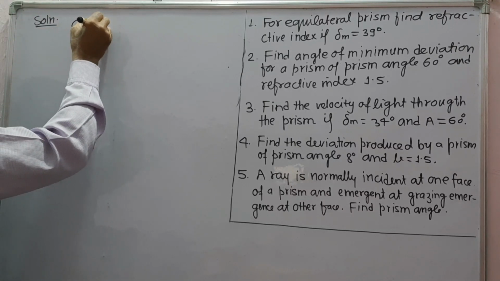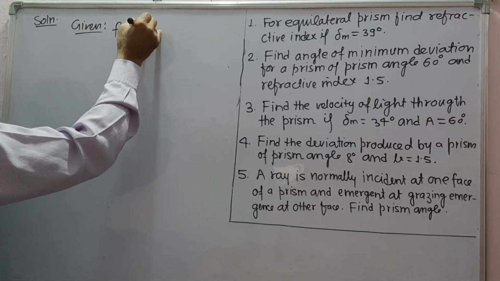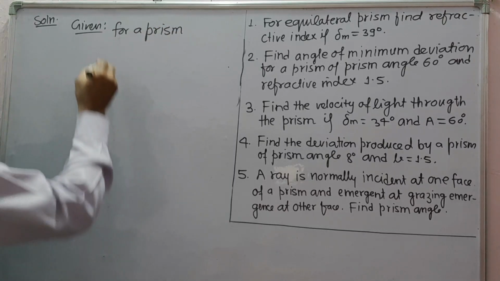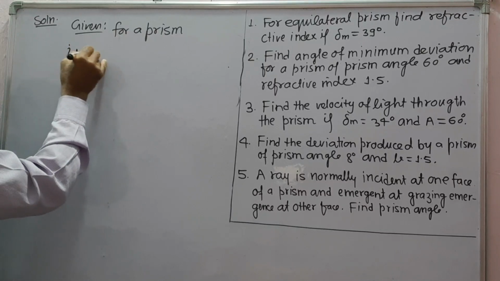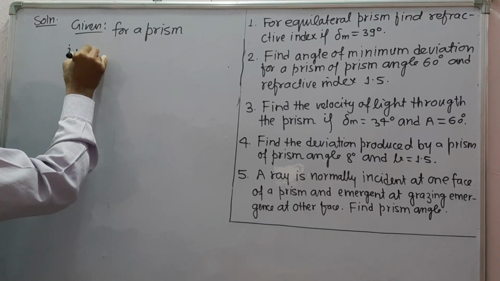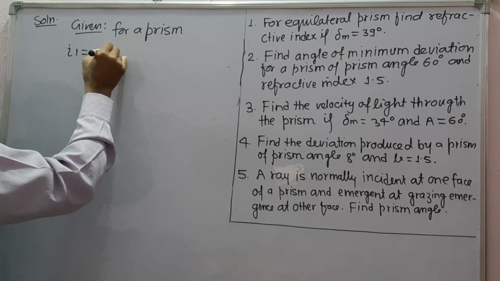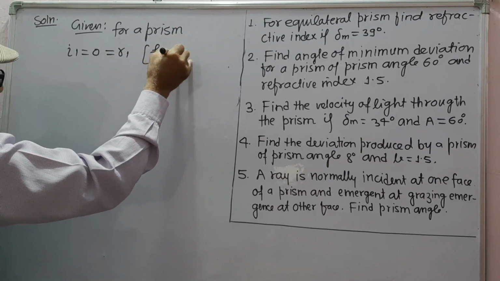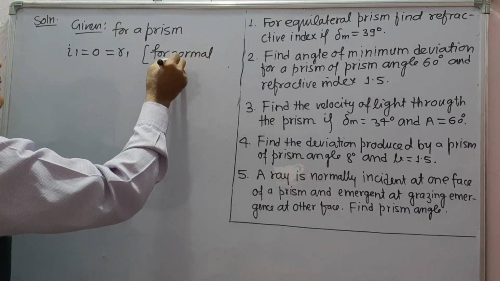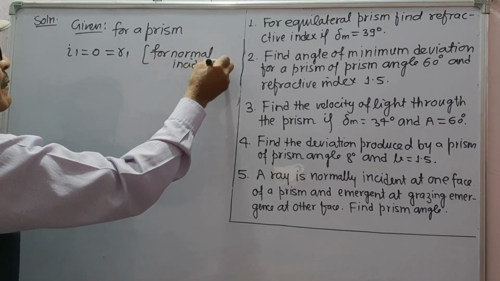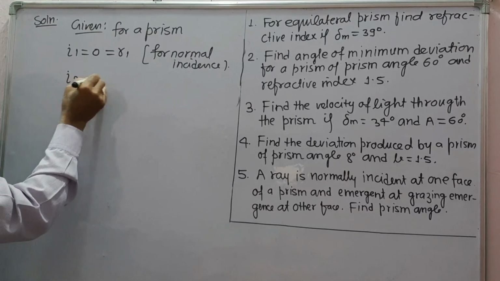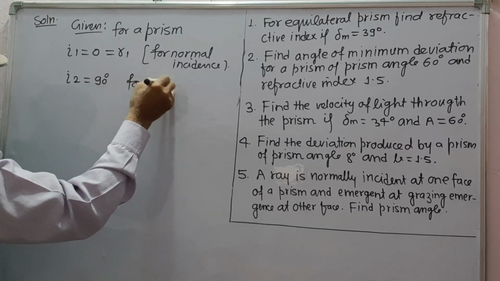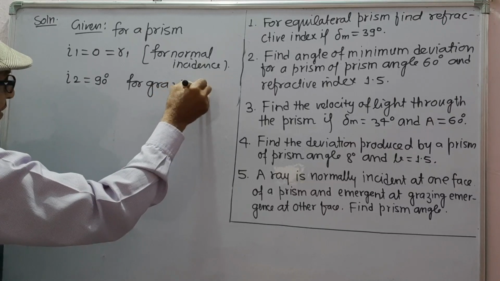Given, for a prism, I1 is equal to 0, will be equal to R1 for normal incidence, and I2 will be 90 degree for grazing emergence.